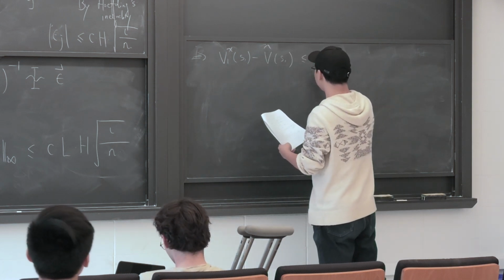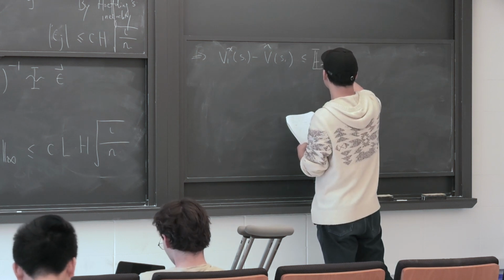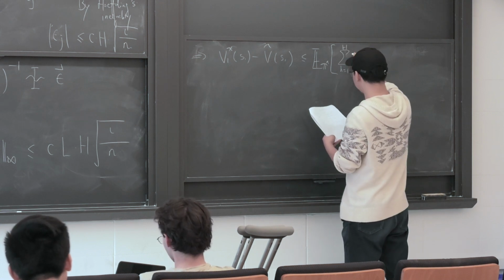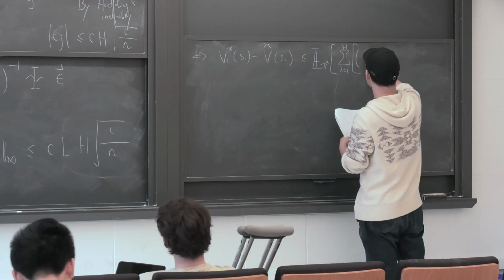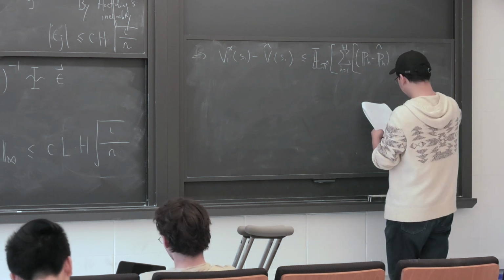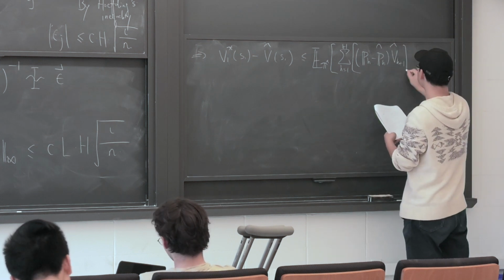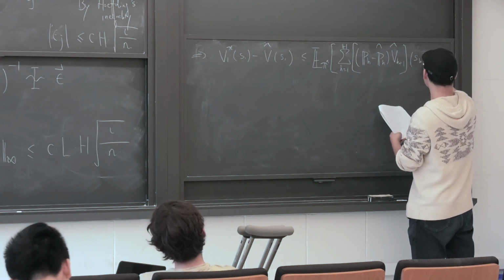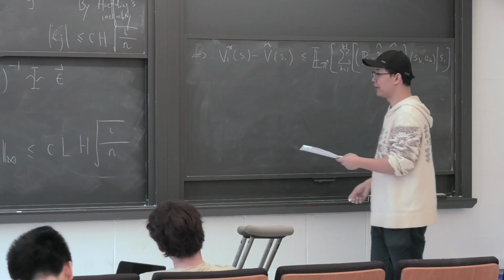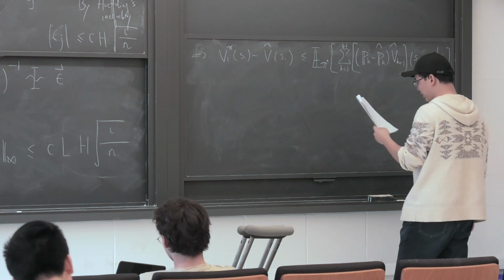We know we can decompose it as a summation of the transition difference, expectation of pi star, and summation h from 1 to capital H, pH subtract pH hat, VH plus 1 hat, SH, AH, given S1. We already know each term is upper bounded by this, so we only have a summation H left.